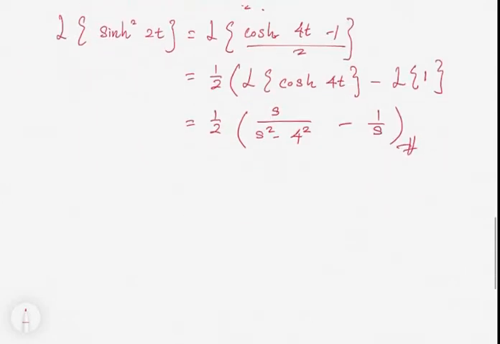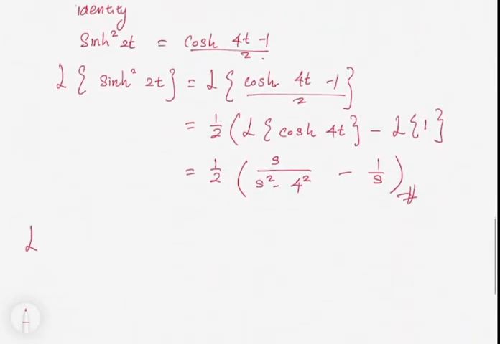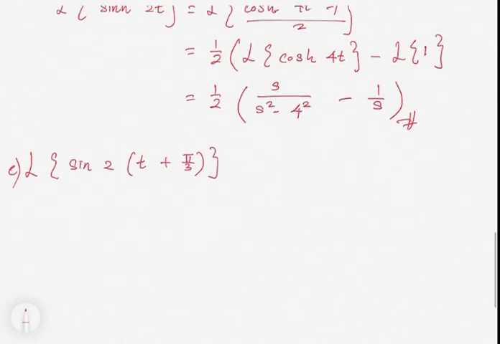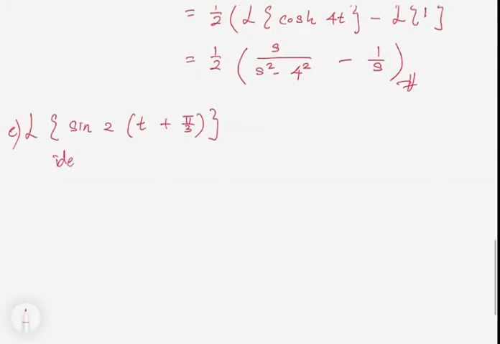Okay, let's go to another example on the Laplace transform of sine 2t plus pi over 3. Okay, again you use the identity.